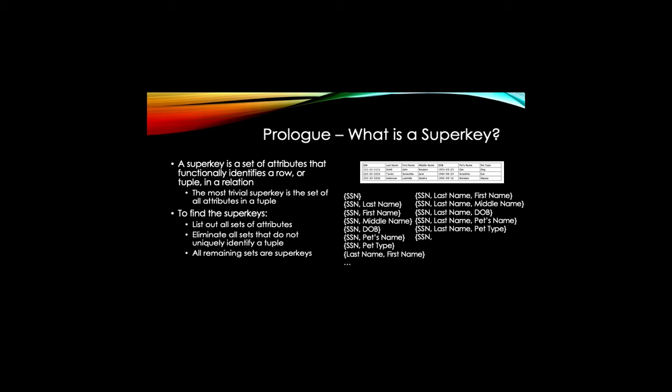We'll sequence it, then feed that into the relational database management system. And in 3 to 7 weeks, we'll be able to return your record out of the database. So what we want to do is figure out how to find other possible super keys that lead to this functional identification of a row in a table.